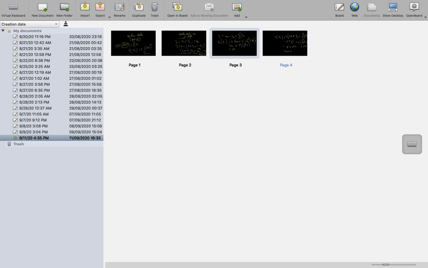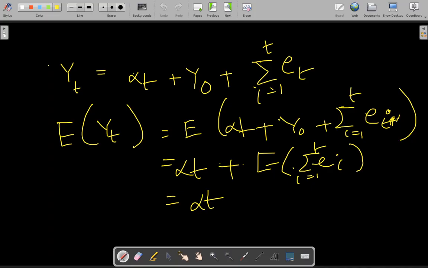So you can see that there are differences in mean, but the variances are the same. I will explain in the next lecture how we can interpret these results in terms of stationarity. Before that, let me conclude by saying that alpha is the parameter here, and you actually see a trend, alpha t, when you have a random walk with a drift.